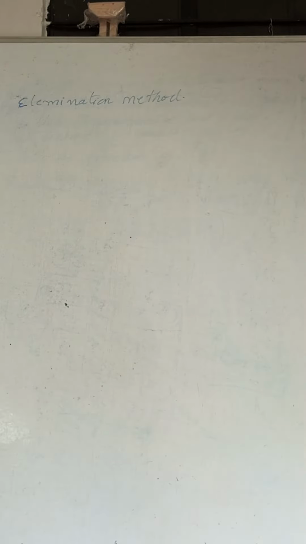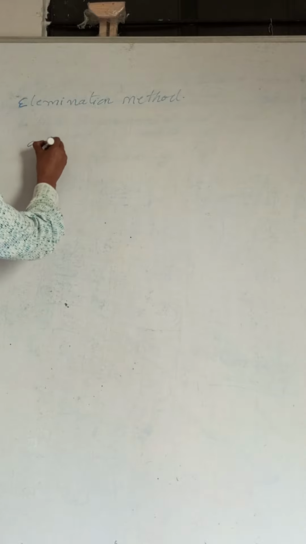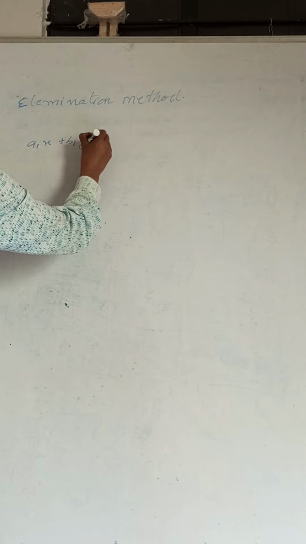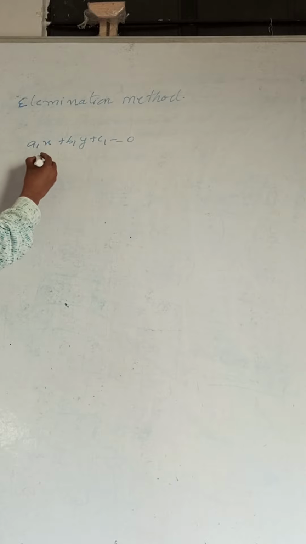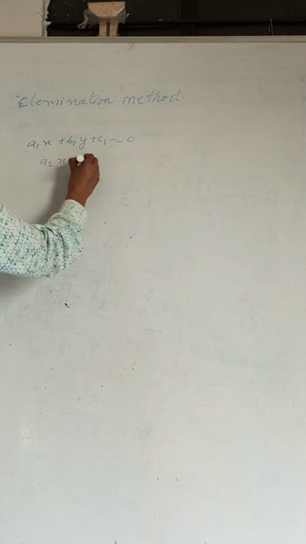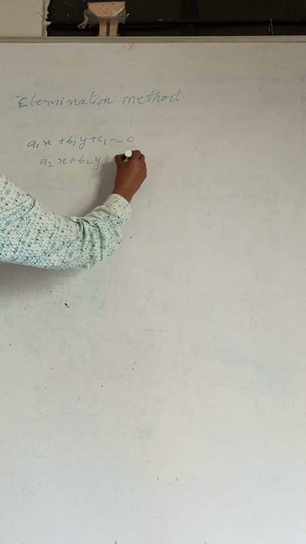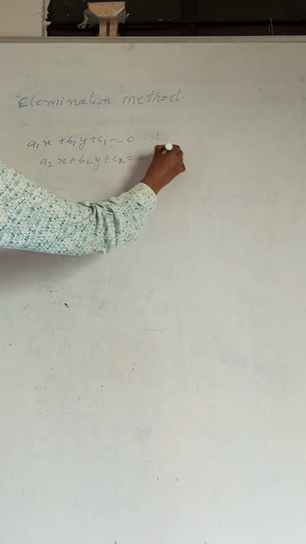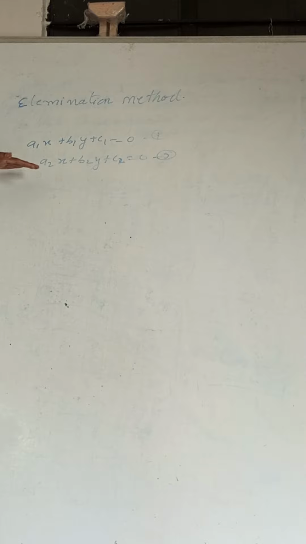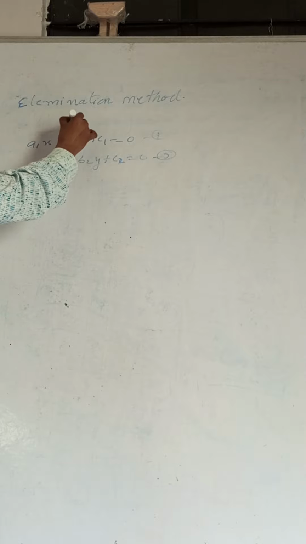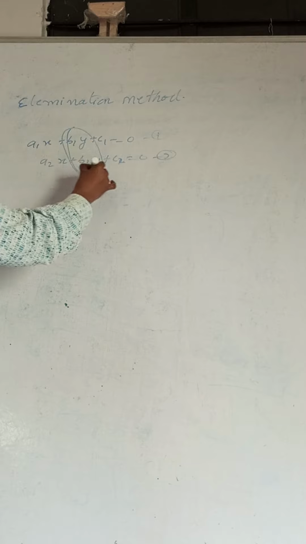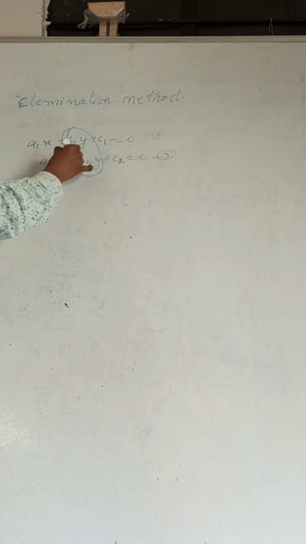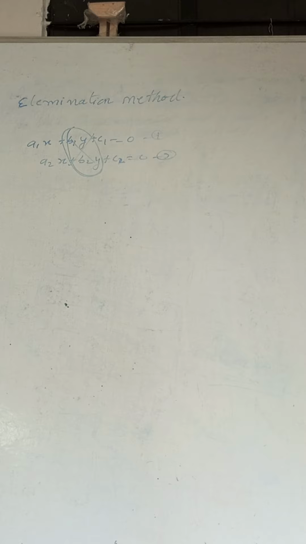That is called eliminate. Suppose it is written a1x plus b1y plus c1 is equal to 0, and another a2x plus b2y plus c2 is equal to 0. In both equations, equation number 1 and equation number 2, what do we have to do? Suppose we make one term equal and delete it. That is called the elimination method.